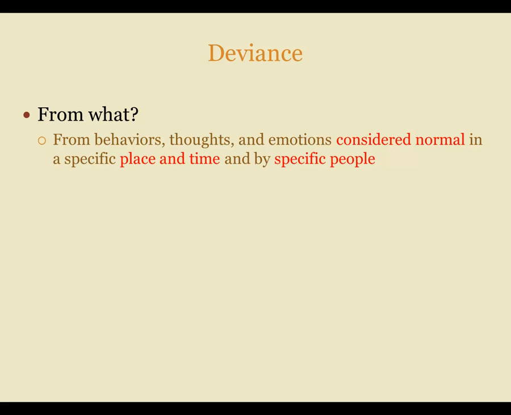And so what we might actually list as a disorder in the DSM is not listed as a disorder in the IRI, or at the very least it's defined differently and given less severity or a different kind of severity, or maybe even individuals would have to present with very severe and debilitating symptoms in order for it to be considered a disorder. And so when we talk about deviance, it's really important for us to ask ourselves, from what?